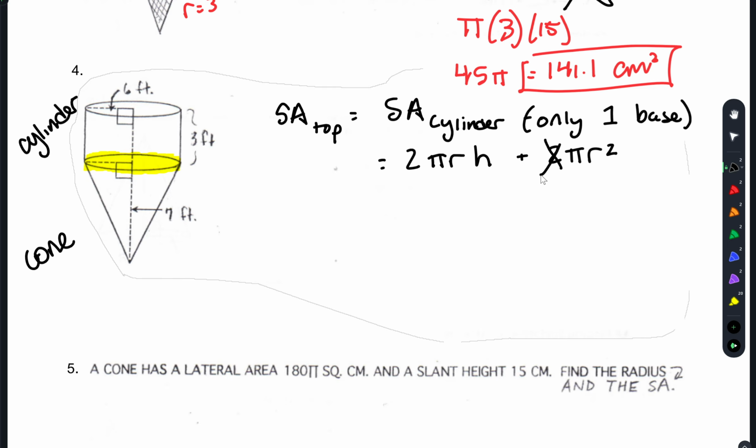Does that make sense? Okay. All right, so then let's plug some stuff in. The radius of that cylinder is 6. The height of that cylinder is 3. So this is 2 pi times 6 times 3.